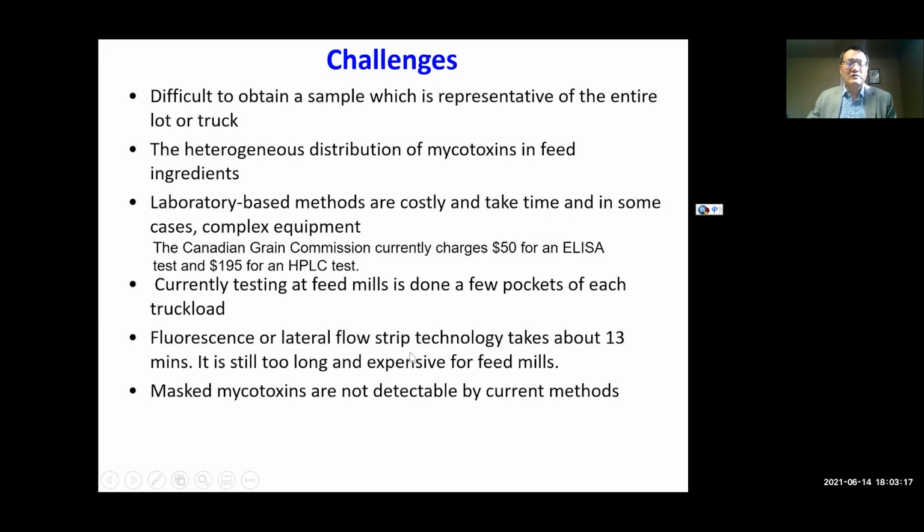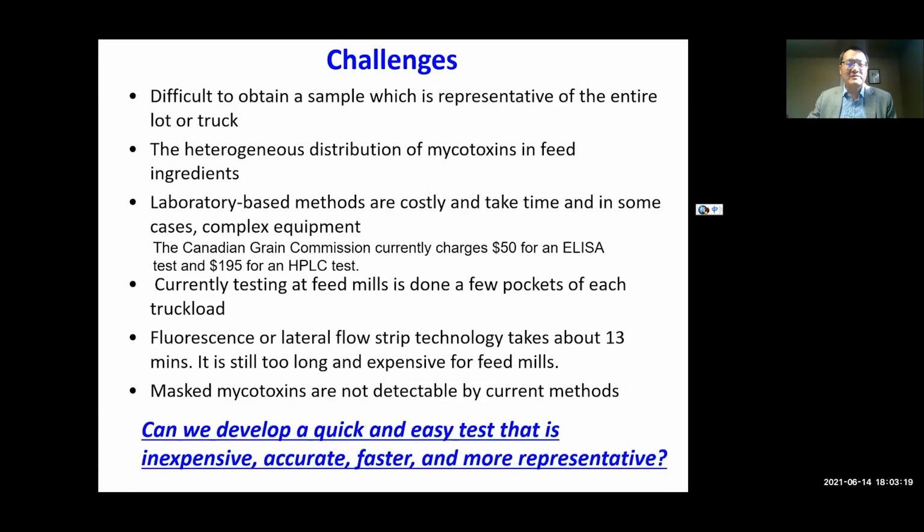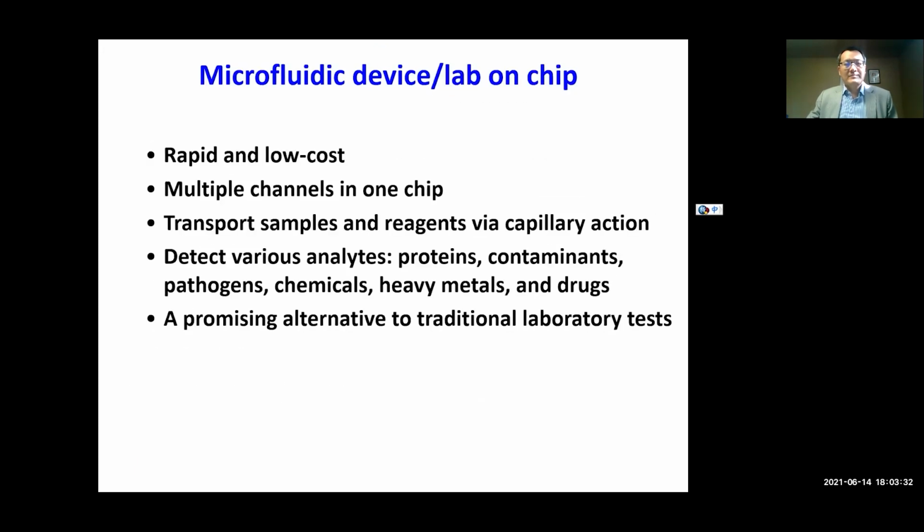So in order to address this challenge, can we develop a quick and easy test that is inexpensive, accurate, faster and more representative? So there are the microfluidic devices, also called lab on chip. They have several advantages.